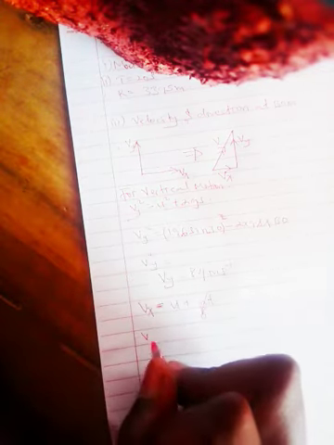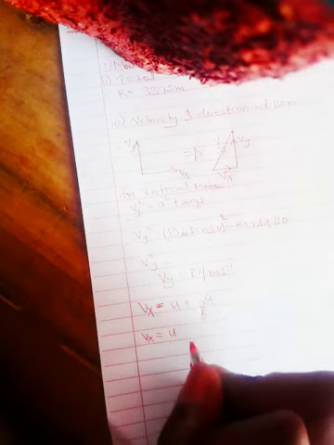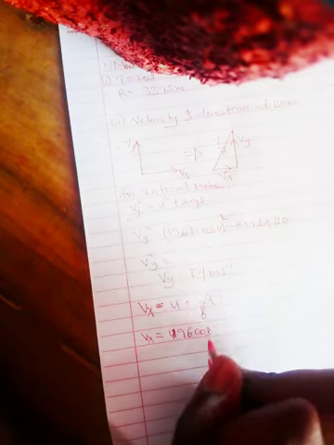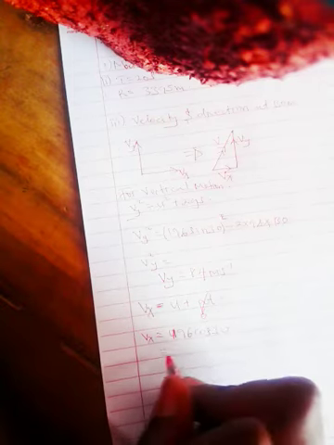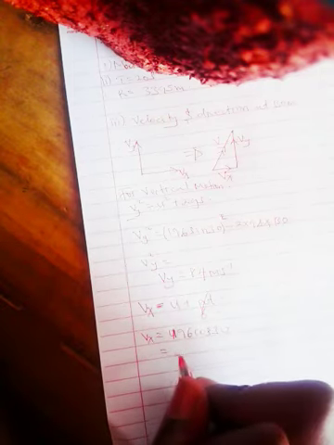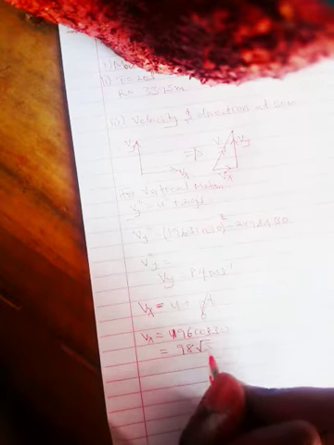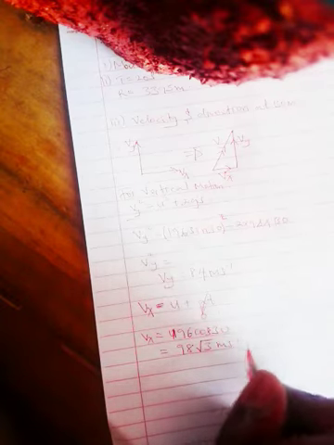So we get Vx as U, which is 196 cos 30, which will give us 98 root 3 meters per second.